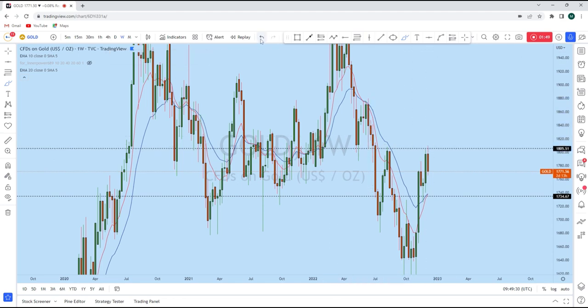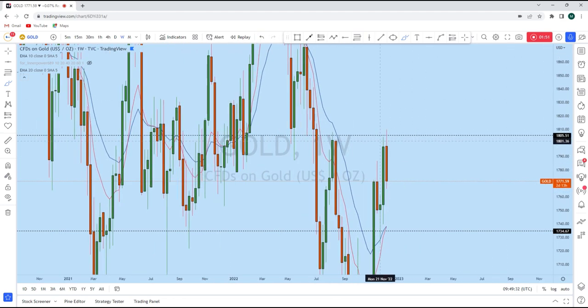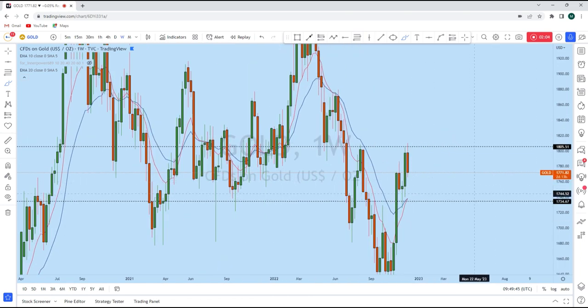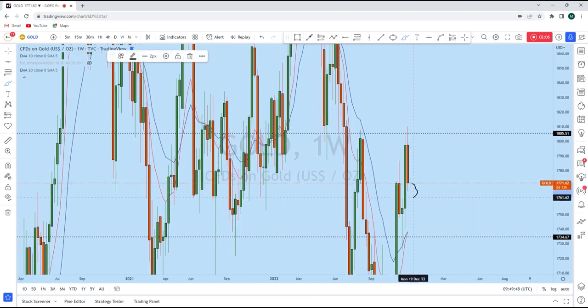Also this current week the price penetrated a little bit to the upside to this level, created an overextended market, grabbed the liquidity, and now we see this market rejecting to the downside. On the weekly perspective as well, we can expect gold to come back at least to a certain level before creating any movement to the upside.